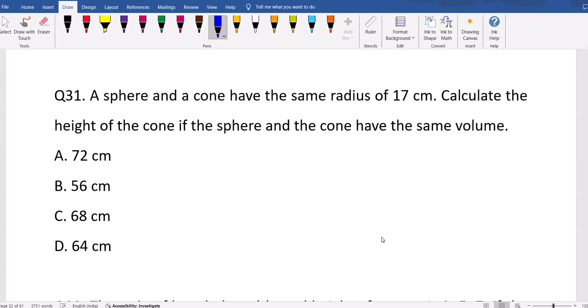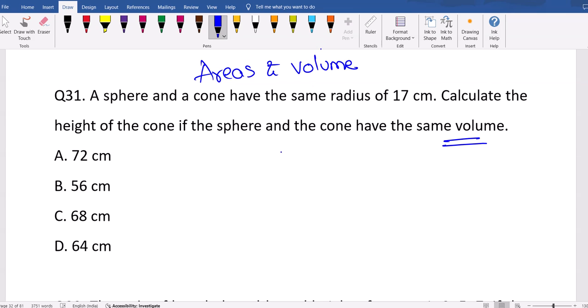Meanwhile, you look into this question: the given sphere and a cone have the same radius. Calculate the height if the volume is the same. Areas and volume stuff is important. They've given that both have the same volume.